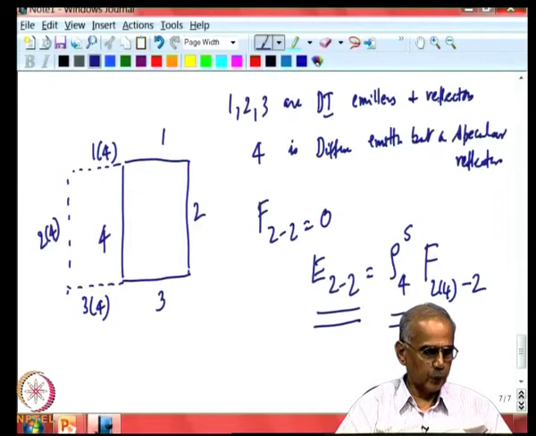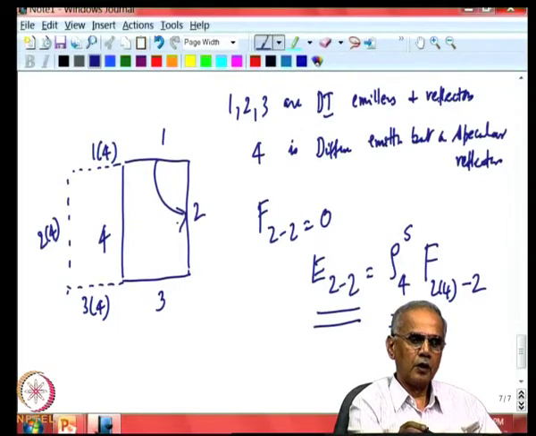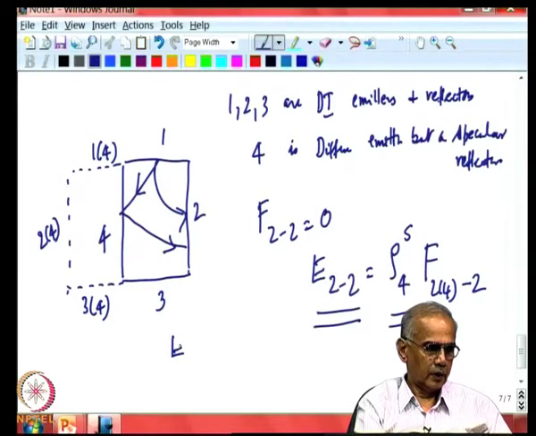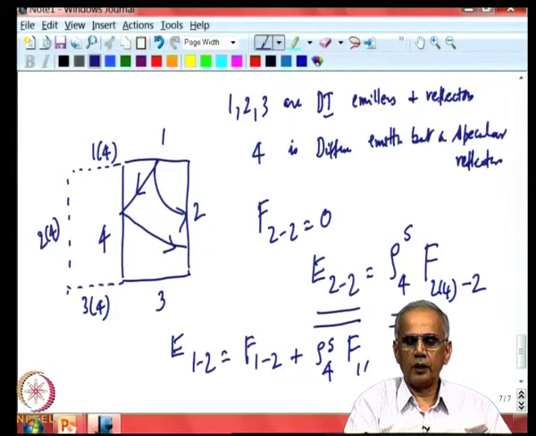Similarly, let us look at surface 1. Radiation leaving surface 1 can reach 2 directly by diffuse emission, and can also reach 2 by specular reflection. So, we will define E12 is equal to F12 plus the reflectivity of surface 4 times the view factor from the image of 1 in 4 to 2.